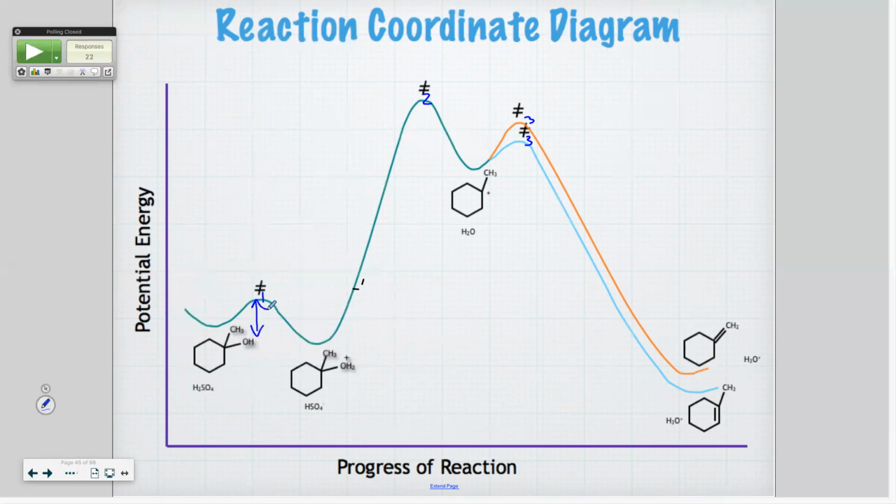Okay, so which step is the rate determining step? Step number 2, right? Because we're forming that carbocation. That's your little intermediate that's there. So your activation energy for the whole thing is here.